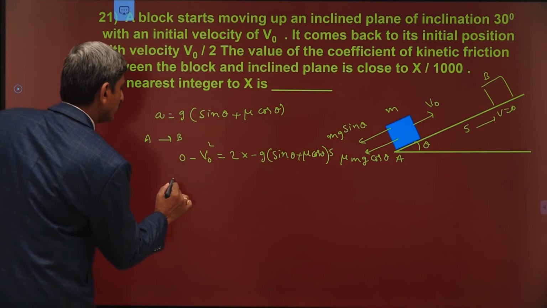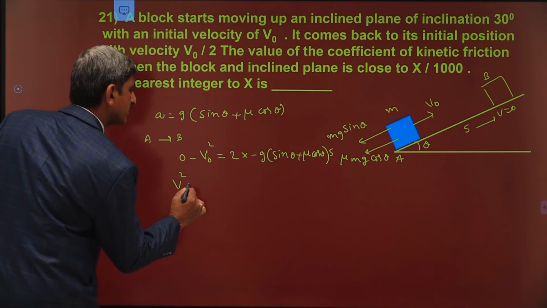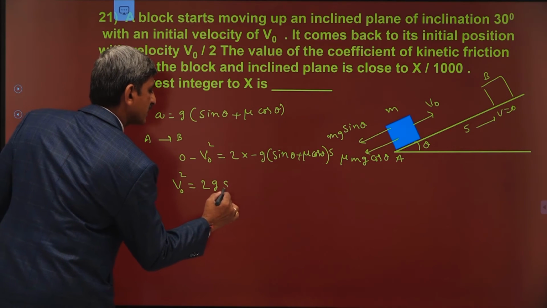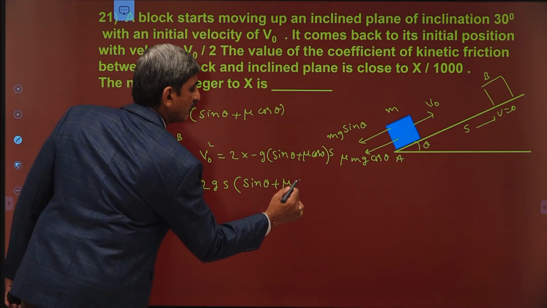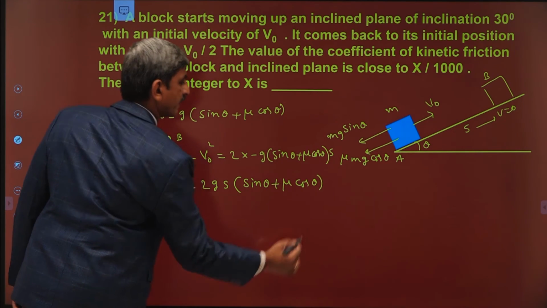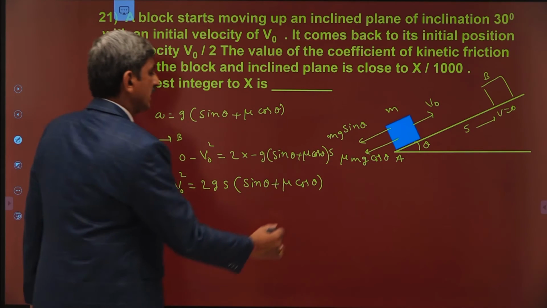So from this we have v0 square is equal to 2gs into sin theta plus mu cos theta. Let it be equation number 1.